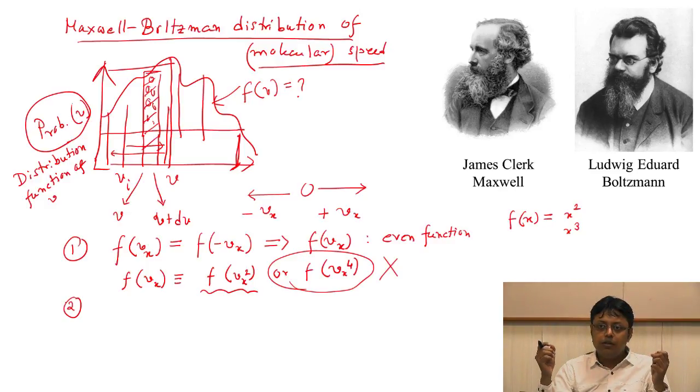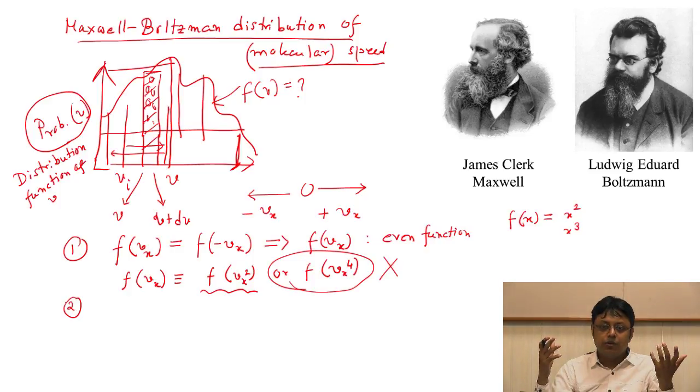Now these components x, y, z are basically independent quantities, because the velocity along x does not depend on the velocity along y. If it did, then it would be very different.